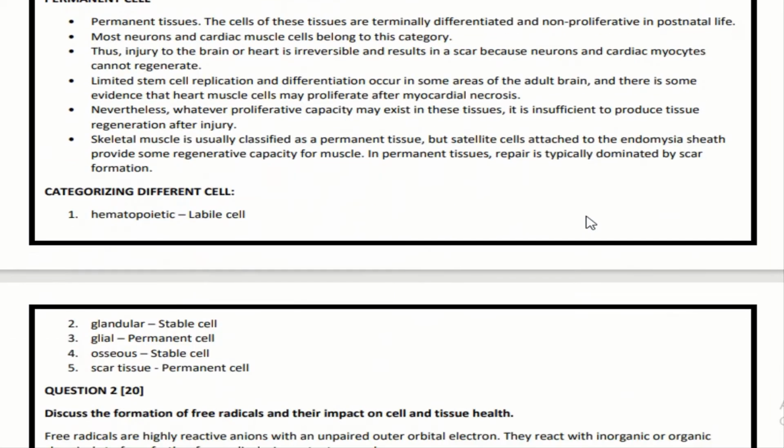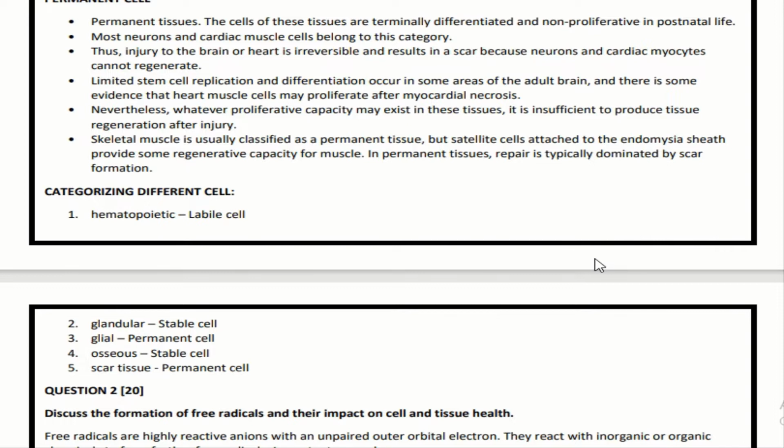Then we have permanent cells. Cells of these tissues are terminally differentiated and non-proliferative in postnatal life. Most neurons and cardiac muscle cells belong to this category. Thus, injury to the brain or heart is irreversible and results in a scar because the neurons or cardiac myocytes cannot regenerate.